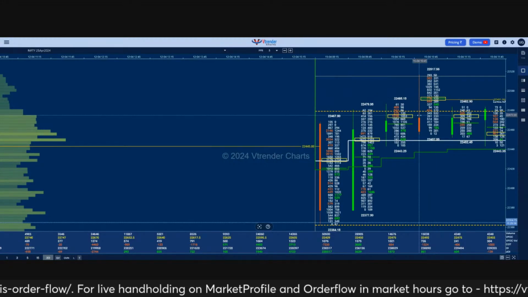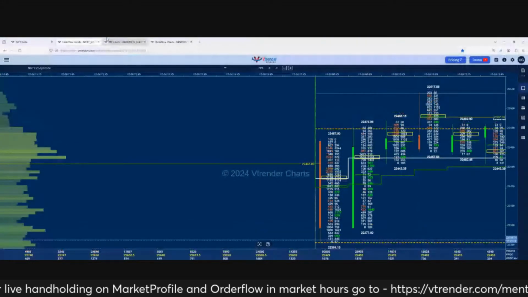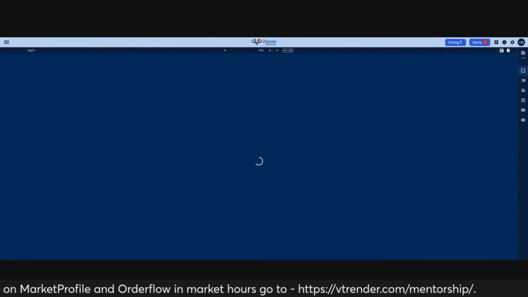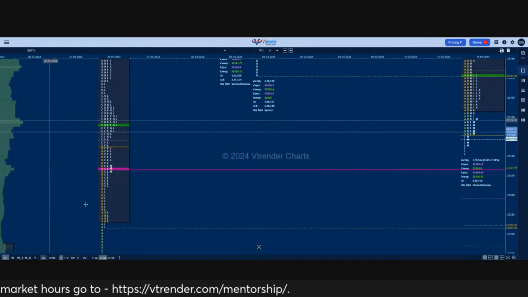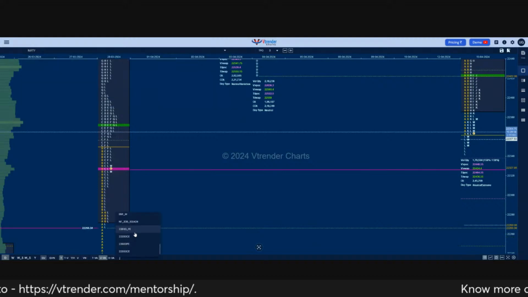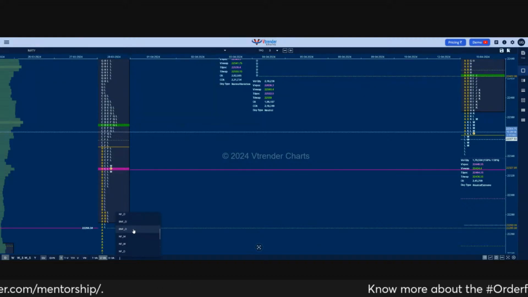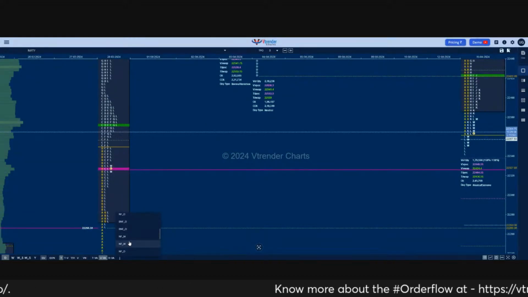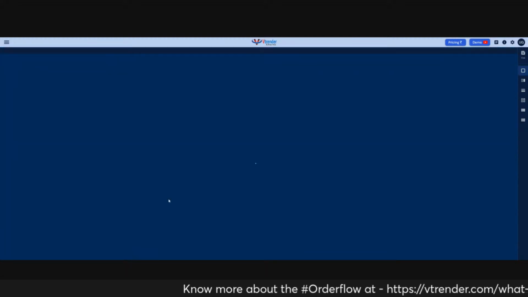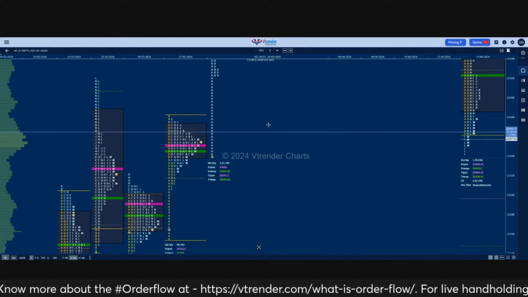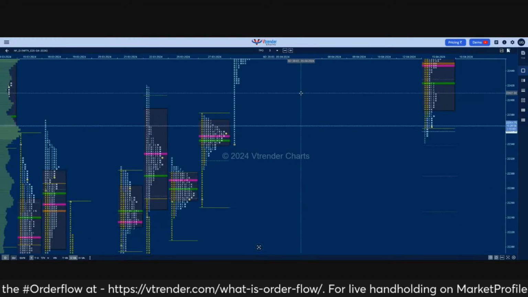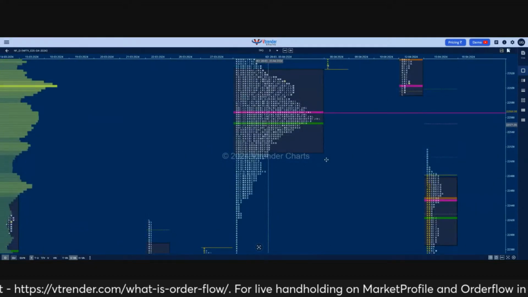And if I show you the daily market profile chart of Nifty futures, you can very easily, cleanly see how we had got rejected. We had a 6-day composite balance in Nifty futures from 28th of March to 5th of April.